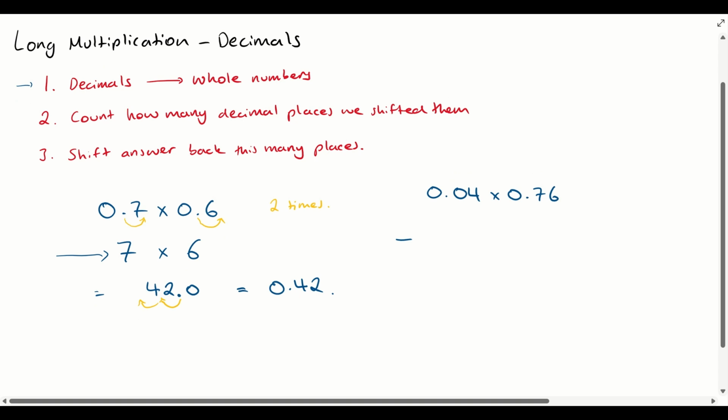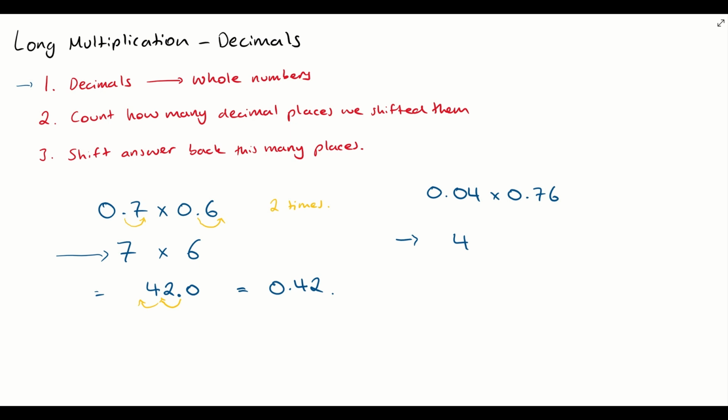So our 0.04, we're going to make a 4, and our 0.76, we're going to make 76. And how have we done that? We've shifted this decimal point 1, 2 places, and this one 1, 2 places. So our total number of times we've moved decimal places is 4 times.